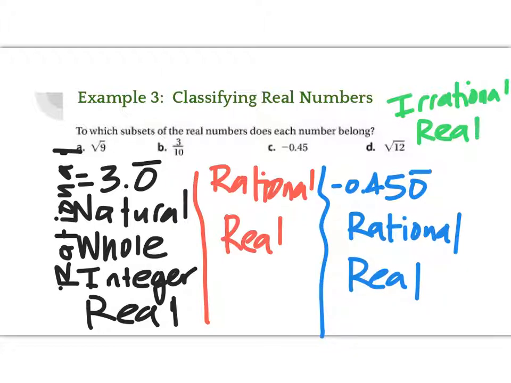Now notice when you're classifying, you're looking at all of the possible subsets. So a number like 3, which is the square root of 9, has a whole bunch of different subsets of the real numbers, including the real numbers itself. So that's 5 different things we would have to classify it into: rational, natural, whole, integer, and real numbers.